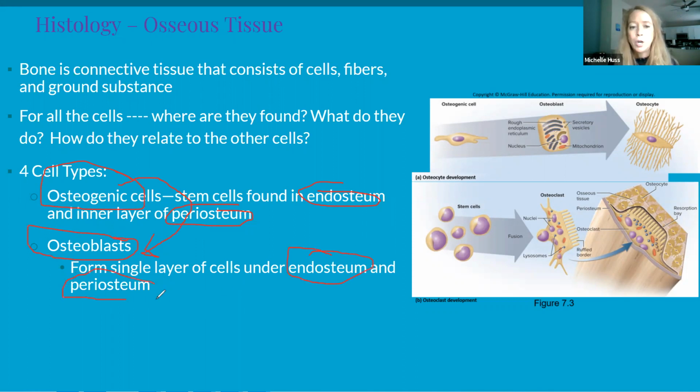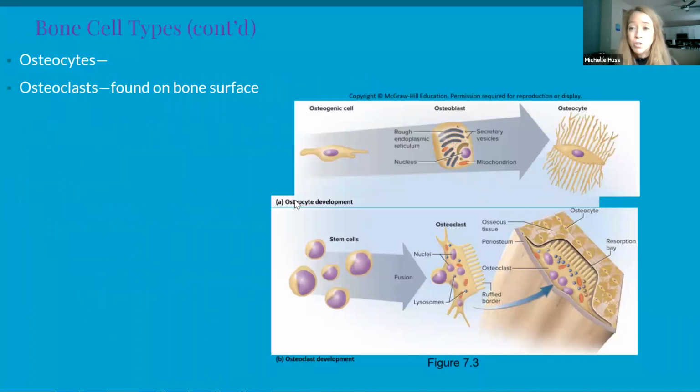And what do osteoblasts do? You know what they do, right? Because you're amazing. You know what they do. They make bone, don't they? They make the matrix. Now, once those osteoblasts secrete matrix all around them, they're living in a little house.